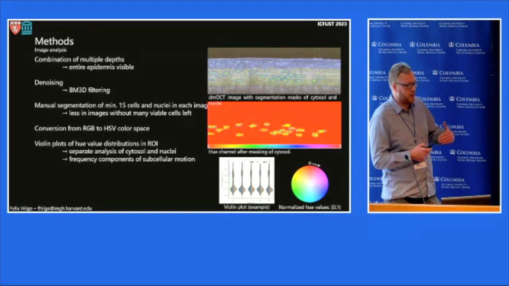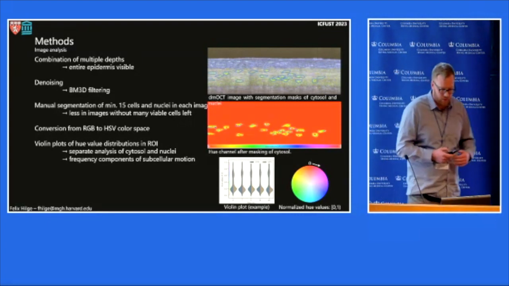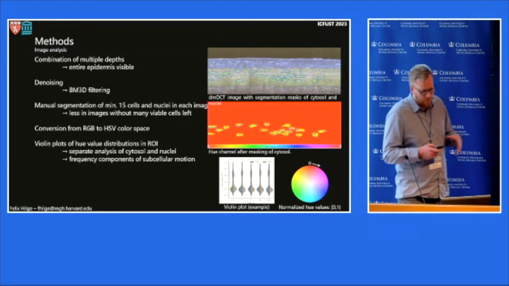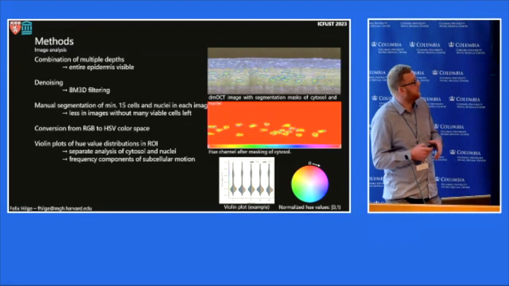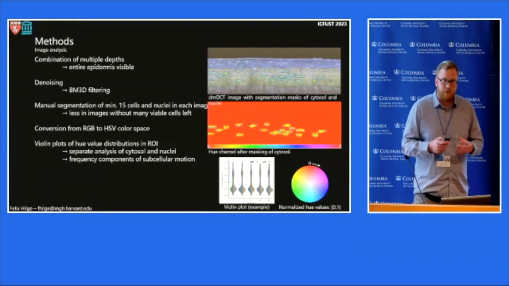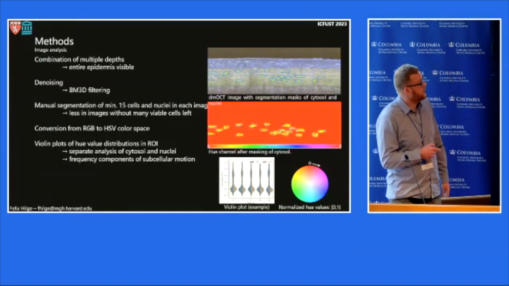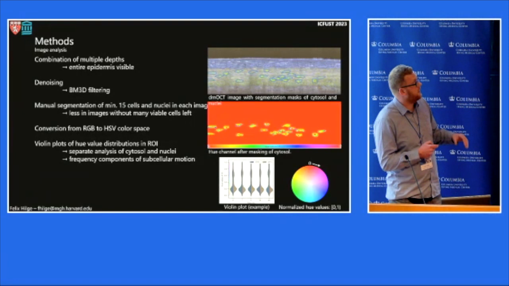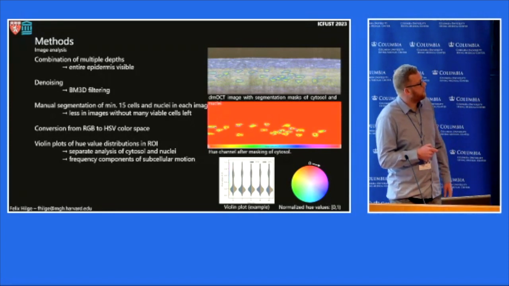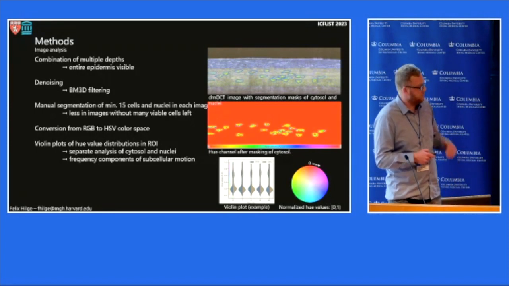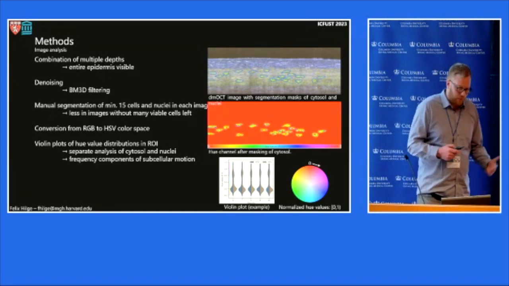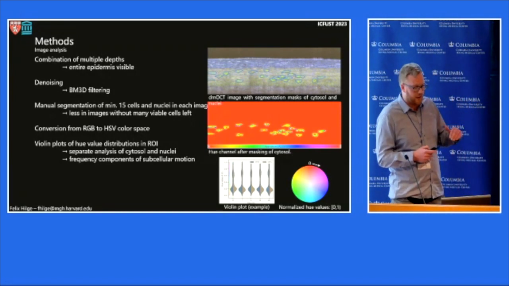Only the hue channel of the HSV image was further used, because the main advantage is that this boils down the color to just one single value. This is shown here, the mask of this image, but only the hue channel. The hue value distribution is shown using violin plots later. We are analyzing the nuclei and cytosol separately. Okay, then let's start with the controls.